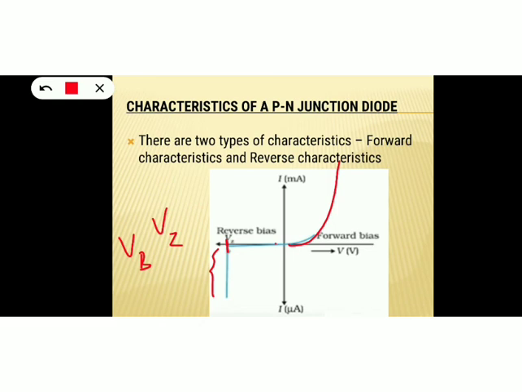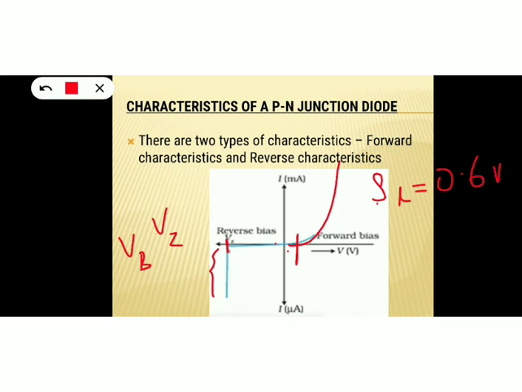And in the case of a silicon diode, the value of this threshold voltage, see, I told you, this is the threshold voltage. Only after the external voltage exceeds the threshold voltage of a given diode, the forward biasing current will increase. So for a silicon diode, the threshold voltage is 0.6 volt.